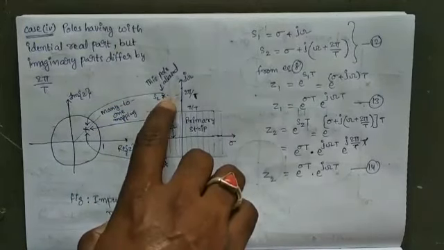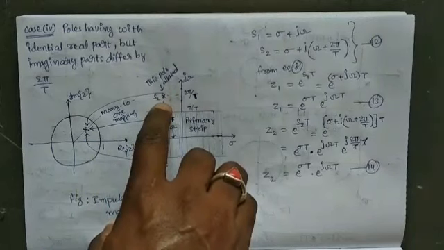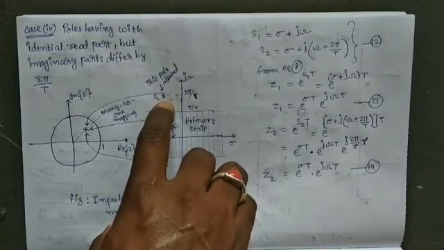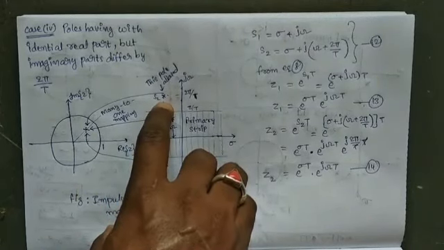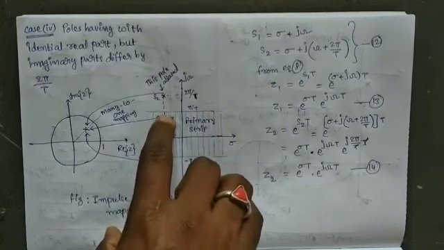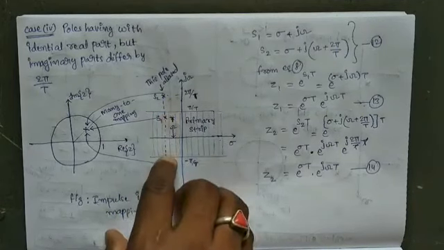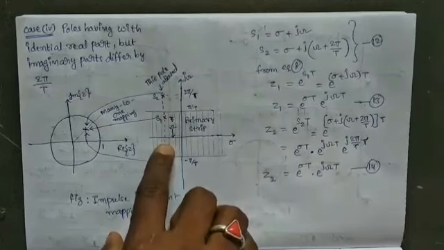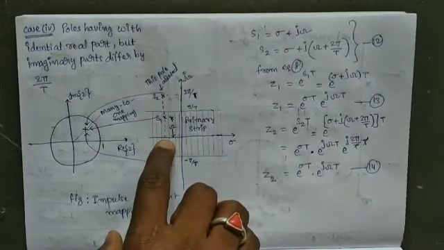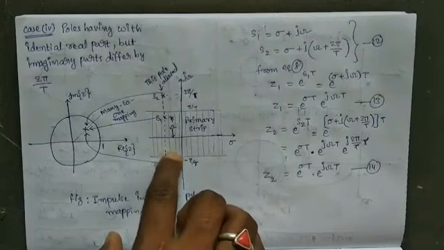These poles cause aliasing. What is this aliasing due to? It is due to the imaginary part being greater than pi by T or less than pi by T when sampling the analog filters.